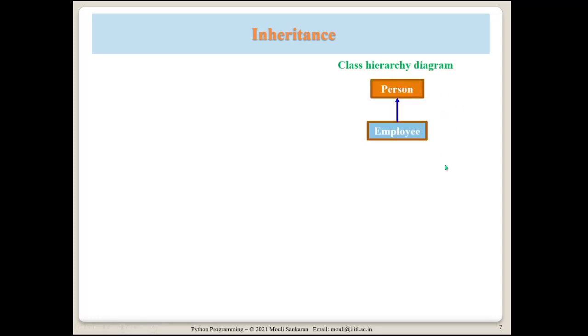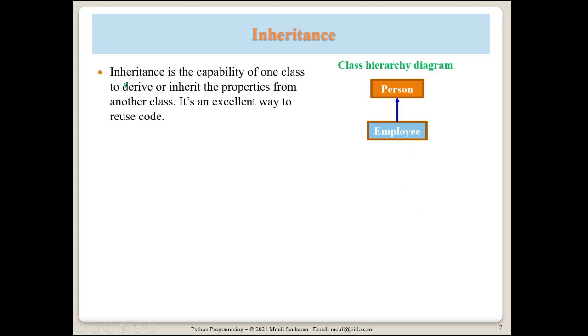Now, I'm saying a person is a class and an employee is another class which is inherited from person. So this is the object hierarchy diagram. The arrow goes from down to top. Inheritance is the capability of one class to derive or inherit the properties from another class. It is an excellent way to reuse code.